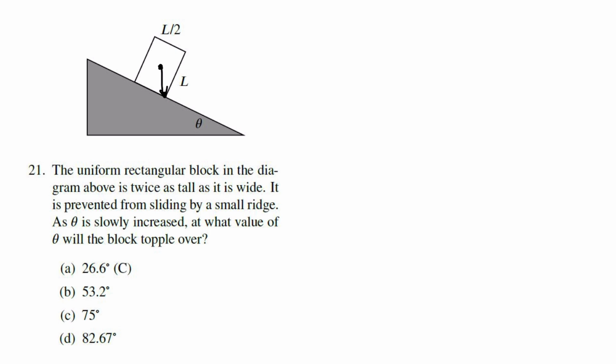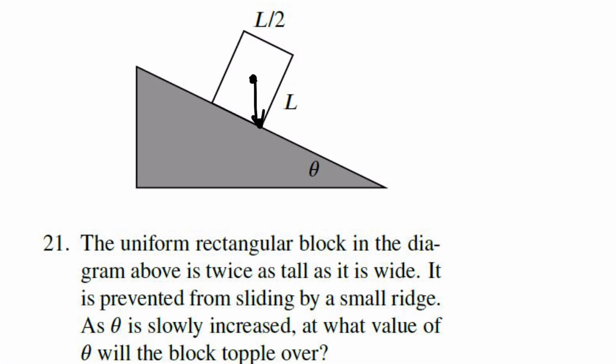From there, it basically becomes a trigonometry problem because we're trying to find the value of this angle or this angle, because that is the same as over here. If this total distance is L by 2, then half of it is L by 4. And then half of this distance would be L by 2.